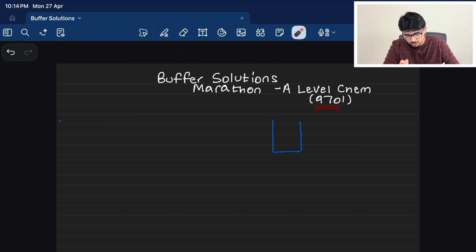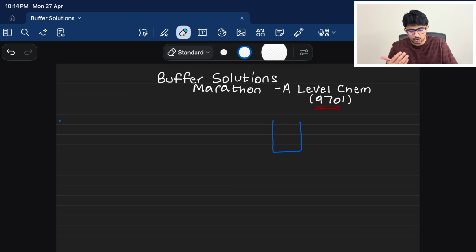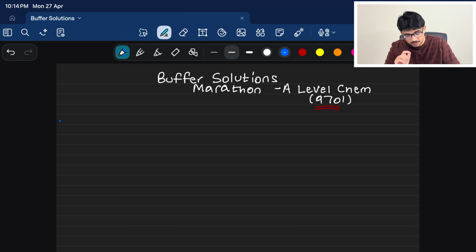And in this solution, if I add a small amount of acid or a small amount of an alkali, it's going to resist the change in pH which could have been brought about by the addition of an acid or a base. So basically, it opposes any change which could have been brought about because of an acid or a base.